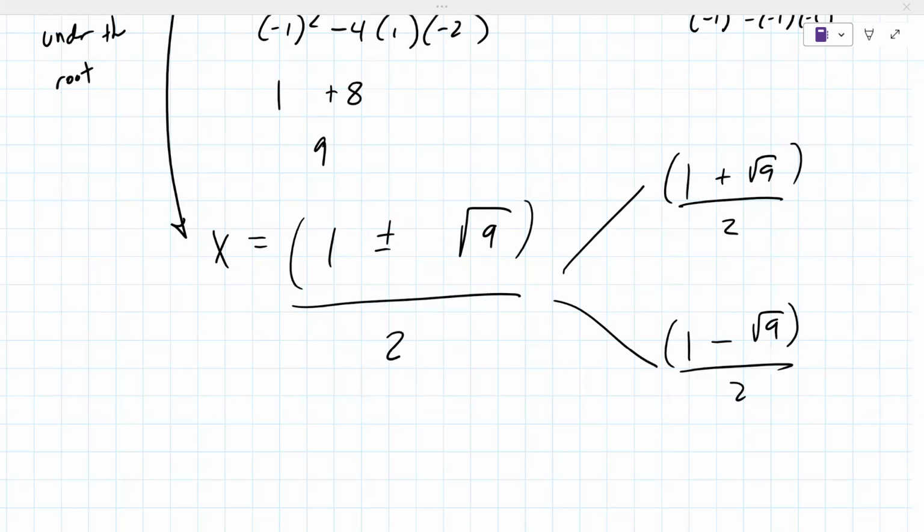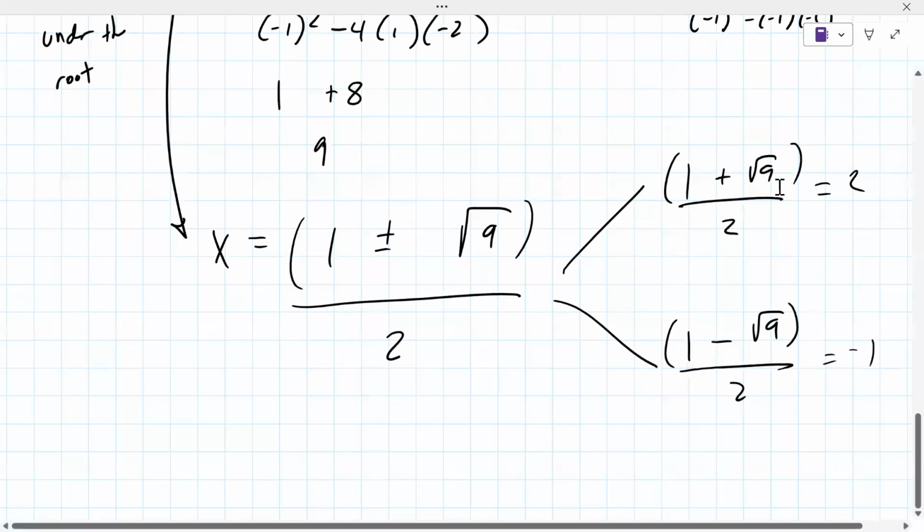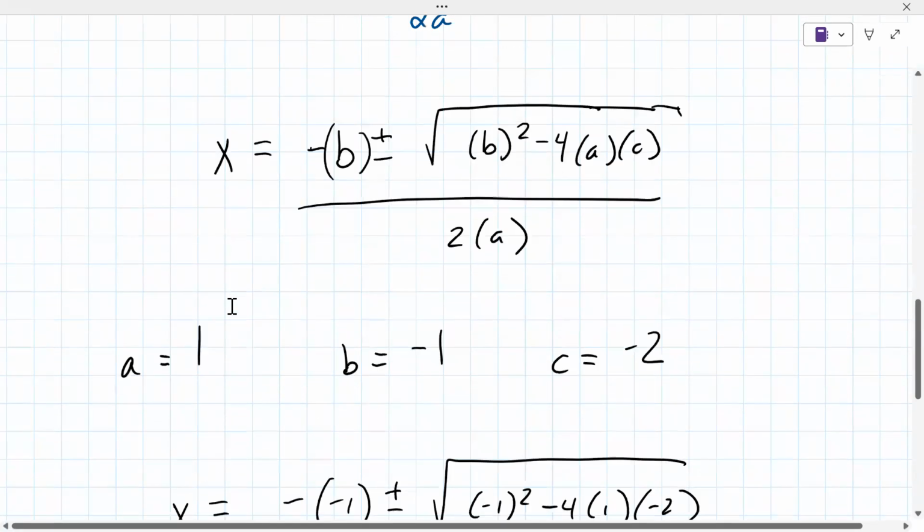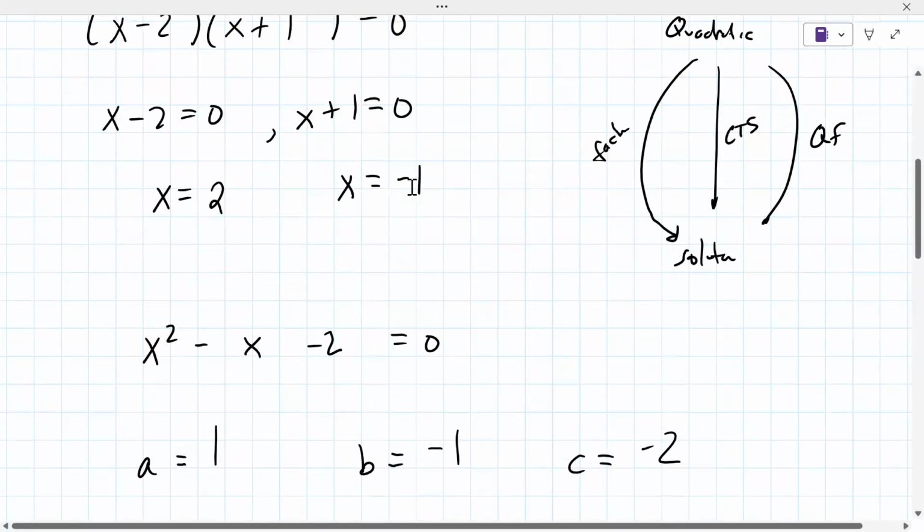I got 2 for the one on top, and 1 on the bottom. Well, it should be -1 on the bottom. 1 minus 3 is -2. Is that the same as what we had before? Yes.